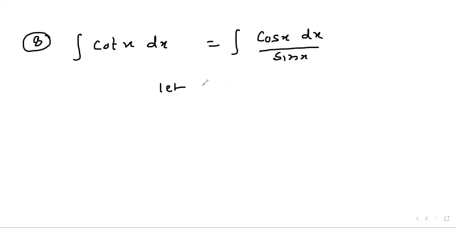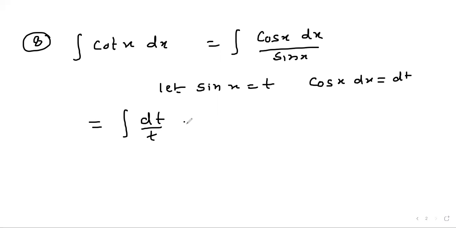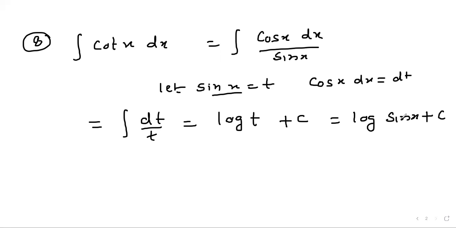Let sin x equal to t, that will give cos x dt upon dx. So dx can be shifted to LHS. So cos x dx equal to dt. So it will become integration dt upon t, which will be equal to log t plus c, and t equal to sin x. So log sin x plus c.